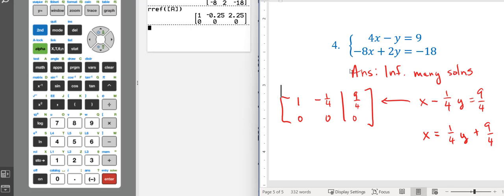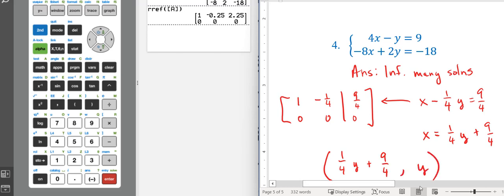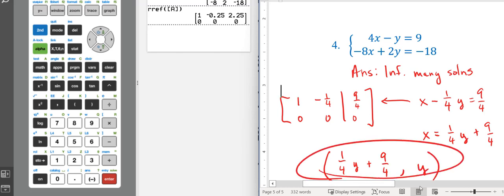So my answer is going to be 1/4 y plus 9/4, comma, y. There are infinitely many points that satisfy that condition. y can be anything, and as long as you know y, you can get x. But what I want you to notice is if you have all zeros at the bottom, there's infinitely many solutions.